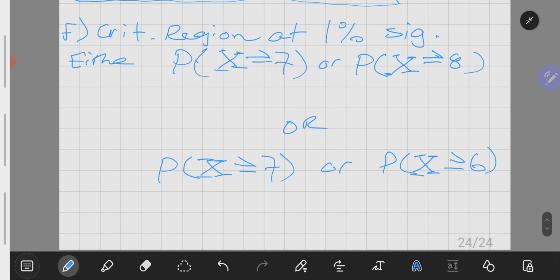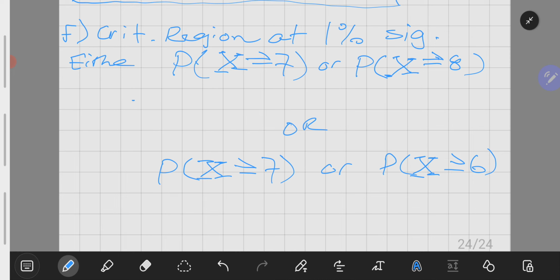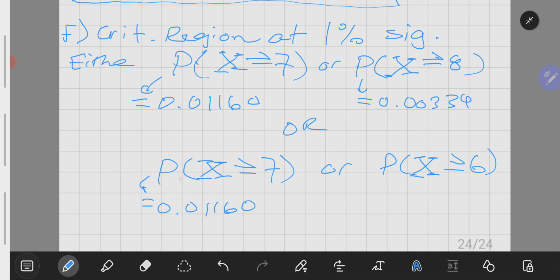Each of the values within our function respectively are equal to 0.01160, 0.00334, 0.01160, and 0.988405.